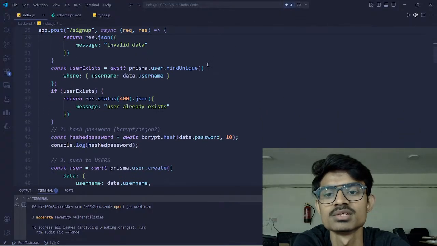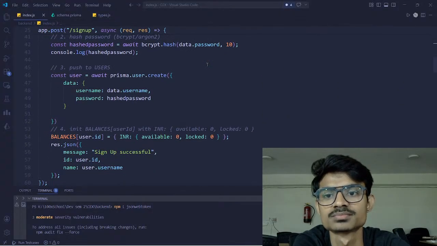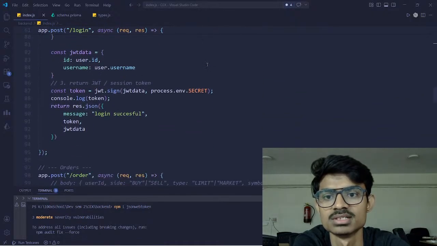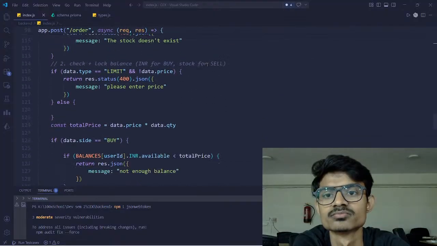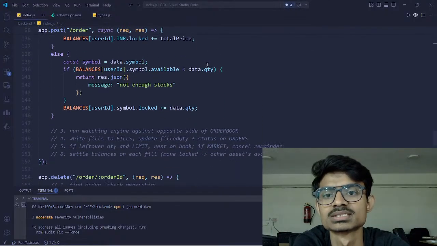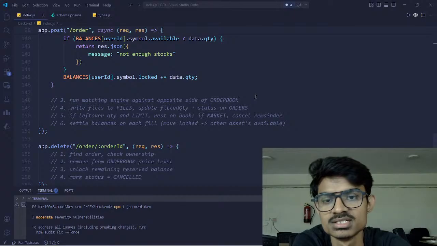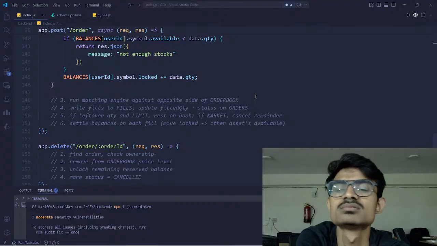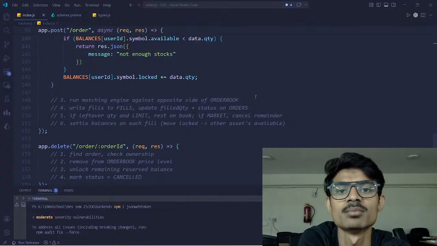So we have to do something with the order book. Let's tinker around. Run matching engine against the opposite side of the order book. Opposite side means buy or sell. If I'm at the buy side, we'll match against the sell side.